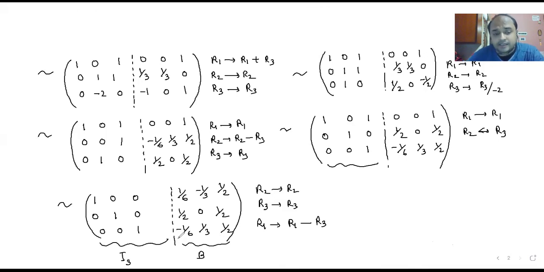Here there is no provision of making mistakes, because if you make a mistake, then on the left hand side the actual identity matrix will never appear, because the operations made on the right hand side and left hand side of this vertical bar are interconnected to one another. Any mistake in the calculation will not bring the identity matrix on the left hand side.